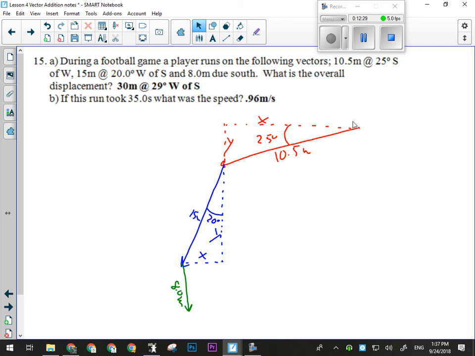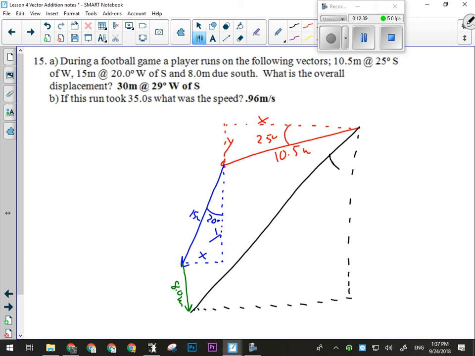That means our resultant goes like so. You could draw that triangle either way, it doesn't really matter. And there's x, and there's y. So that's what our diagram should look like.